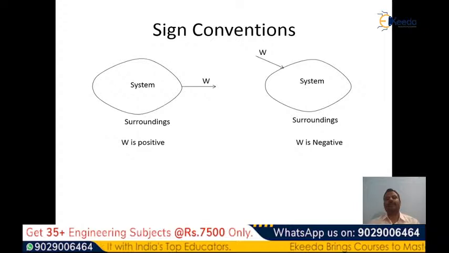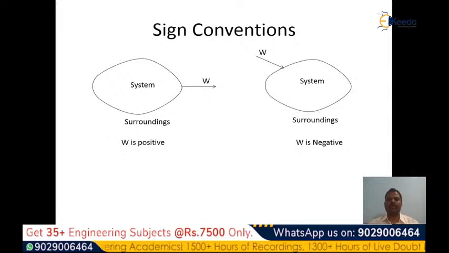For example, if we take a compressor, air enters the compressor at low pressure. Upon the application of work on the fluid, that fluid gets compressed, and high pressure fluid or air comes out.